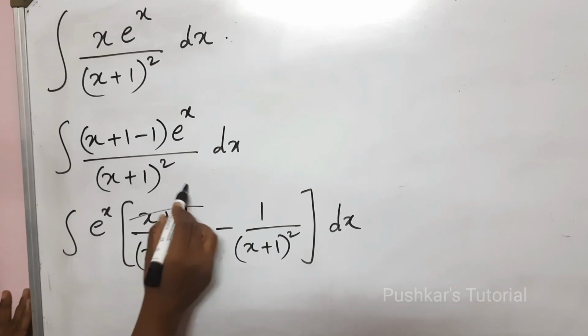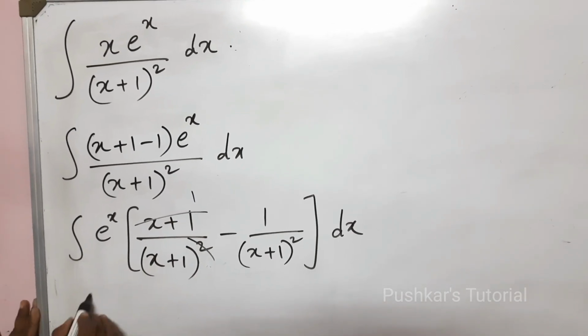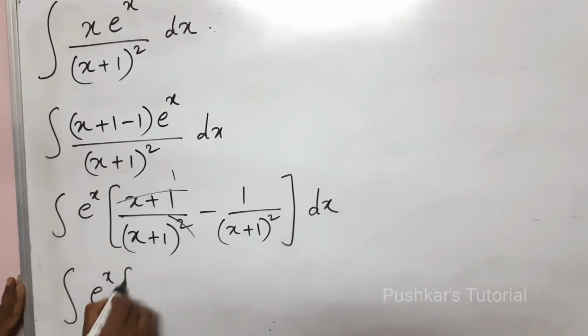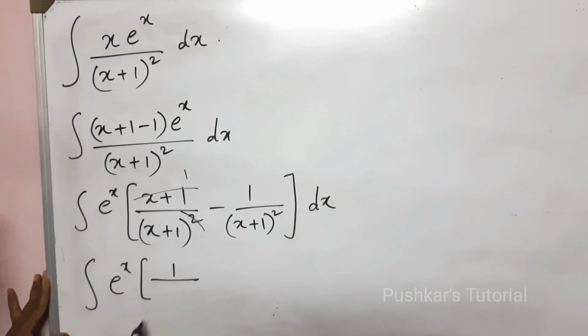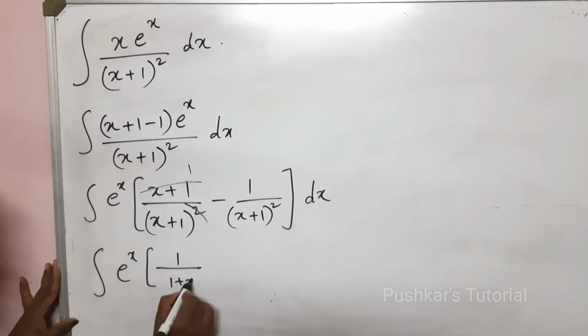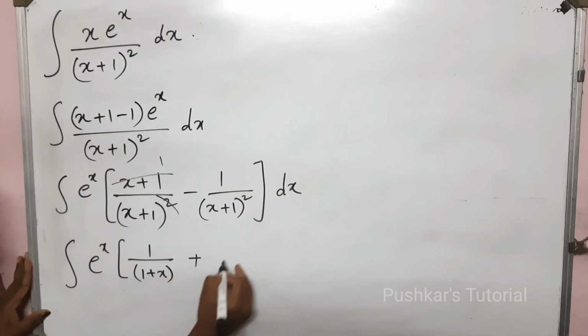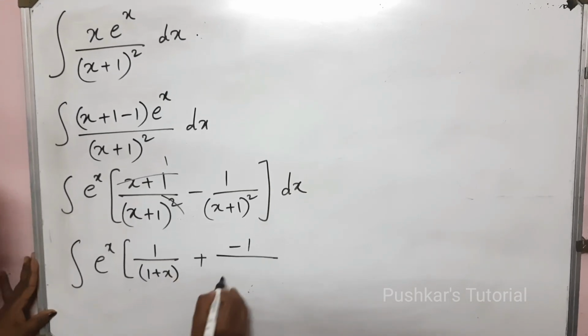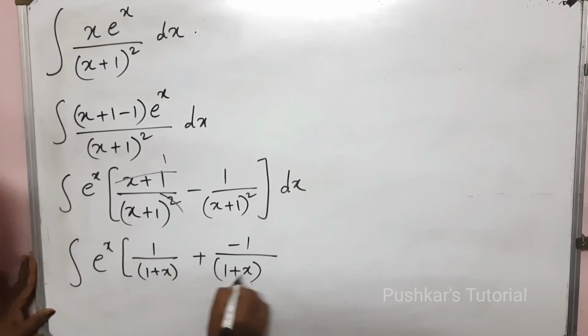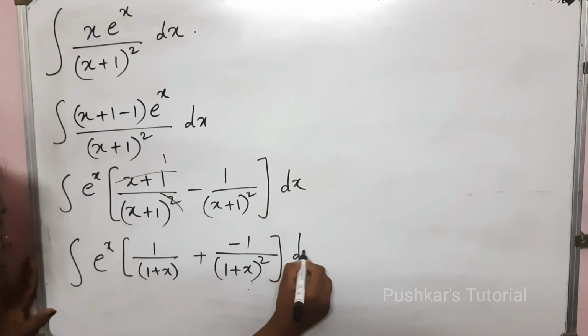So observe here, x plus 1 and x plus 1 get cancelled. Integration of e power x into 1 by 1 plus x we can write. And next, minus, I am writing plus of minus 1 by 1 plus x whole square into dx.